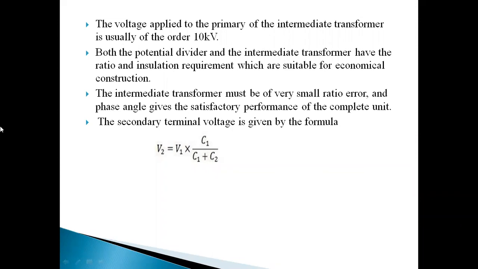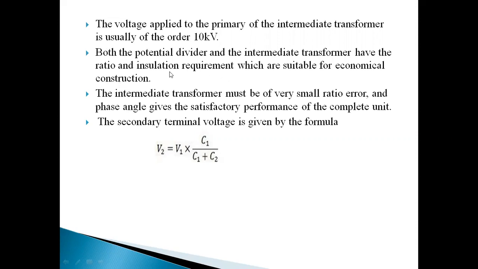Remember, for this capacitor potential transformer the voltage is low, almost used for the distribution level, because when we are using the electromagnetic type of potential transformer, the voltage level is almost 130 kilovolt, which is for the transmission line.